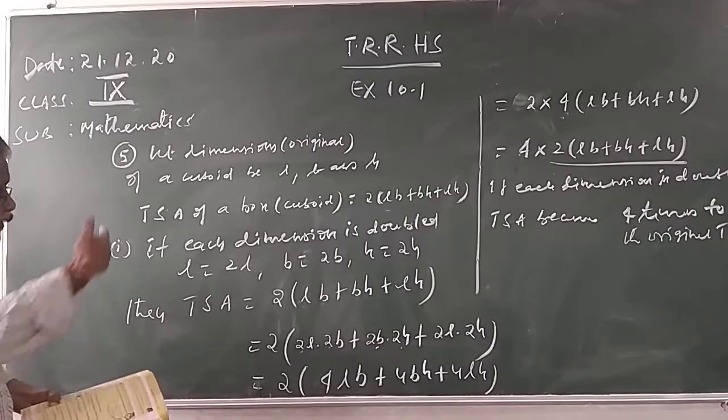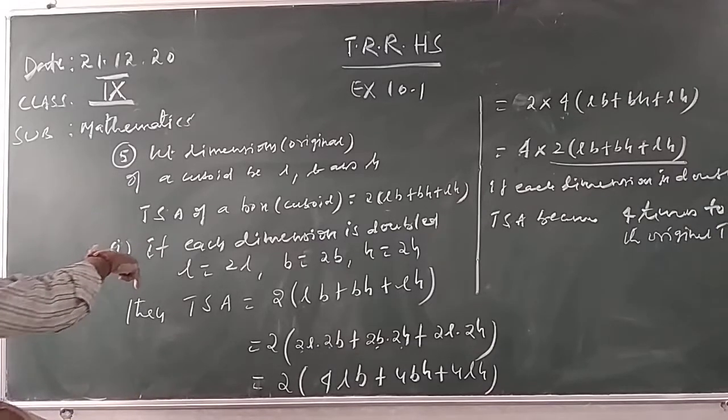Okay. Now we did the original. Each dimension doubled means we substituted there. Now each dimension is tripled.